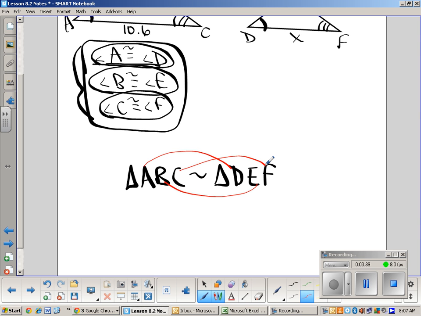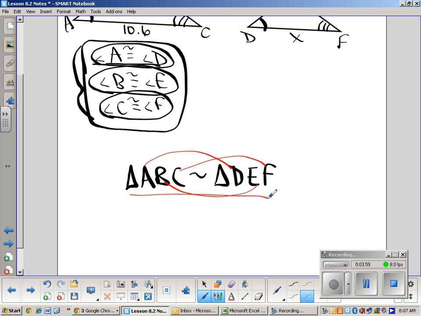Okay? The order in which they write that statement is just as important as the order in which we would write a congruent statement. Okay, and you've done that a bunch of times already. So understand that. If they give you a statement like this, they're saying that those angles match up in the order in which they write the statement.